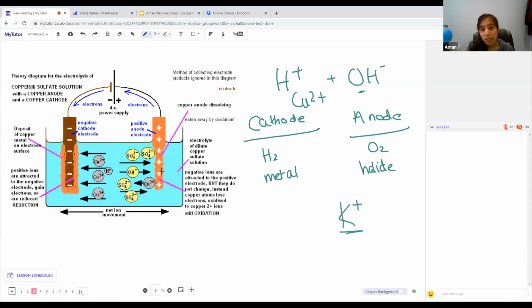So this anode is slowly wearing away because the copper that makes up the anode will instead lose electrons to become a copper ion. And the reason for that, as it says here, is that your sulfate ions and your hydroxide ions are stable. They don't want to lose their electrons. So instead, copper will lose its electrons to become a copper ion.